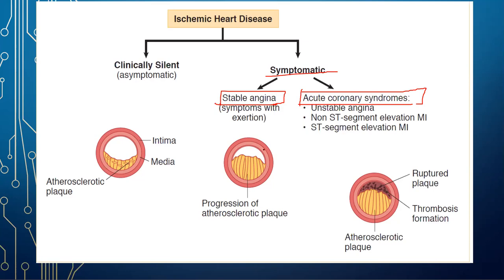Let's assume this is your coronary artery and there is an atherosclerotic plaque in the coronary artery, but it is not occluded. When it's not occluded, most likely it gives you stable angina or even unstable angina. But when it gets occluded, that's the time we call it myocardial infarction. Okay, now let's move on.